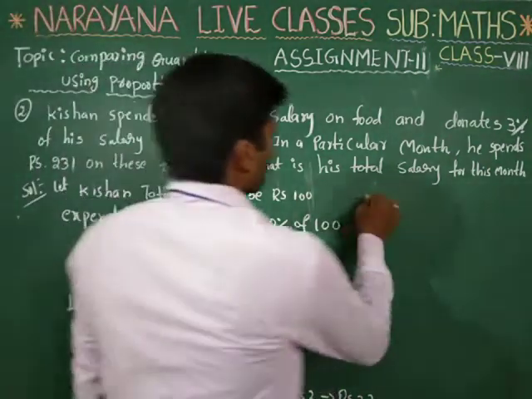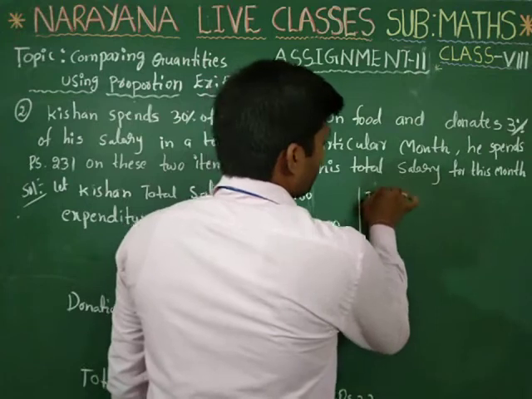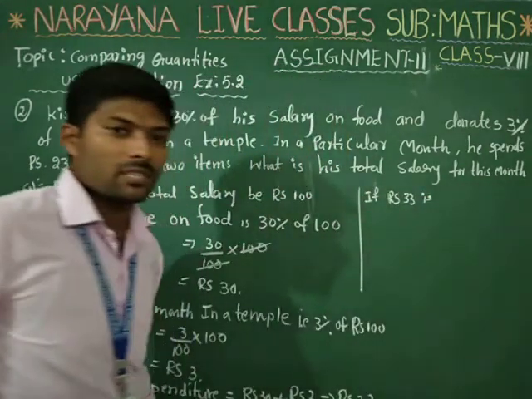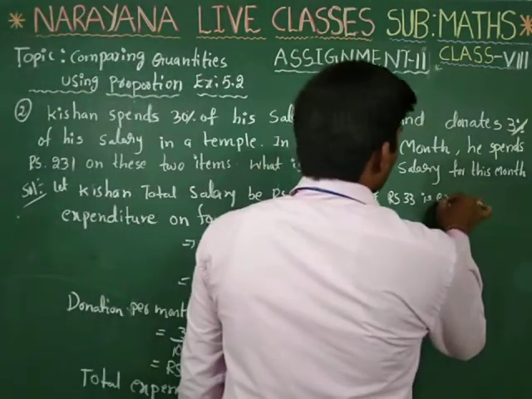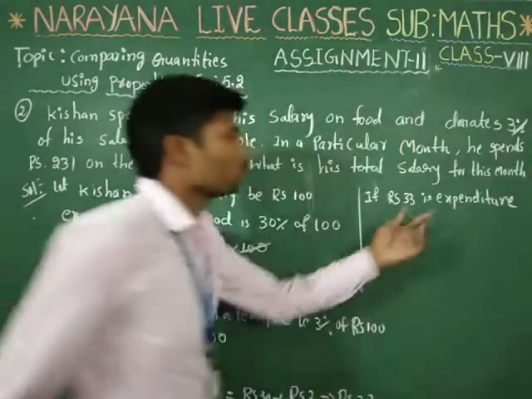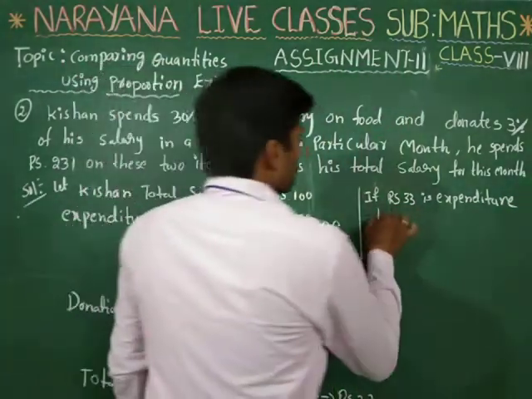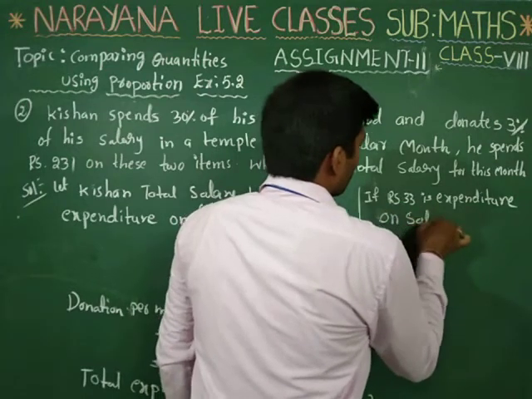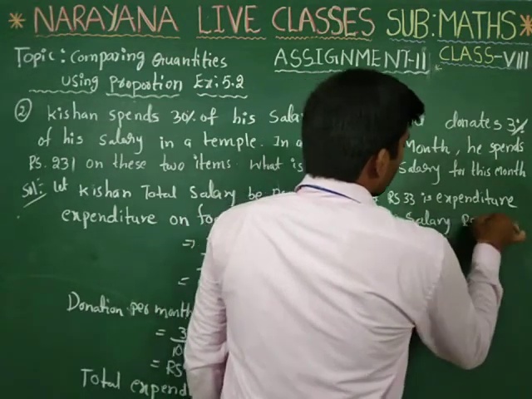Okay, let me take, if Rs 33 is the expenditure on salary, how much? That is 100 rupees.